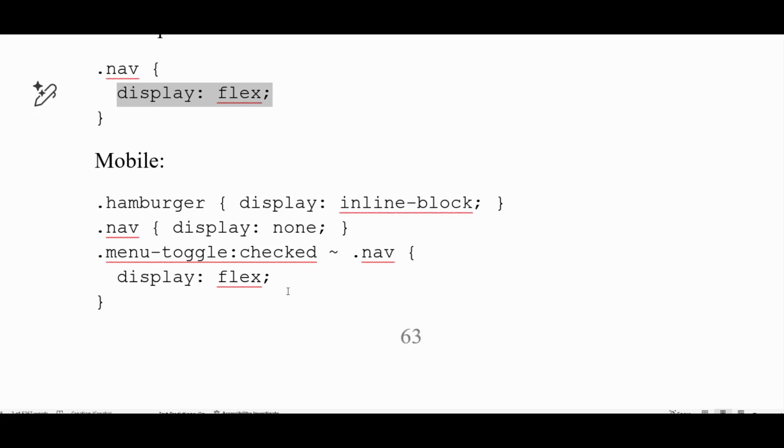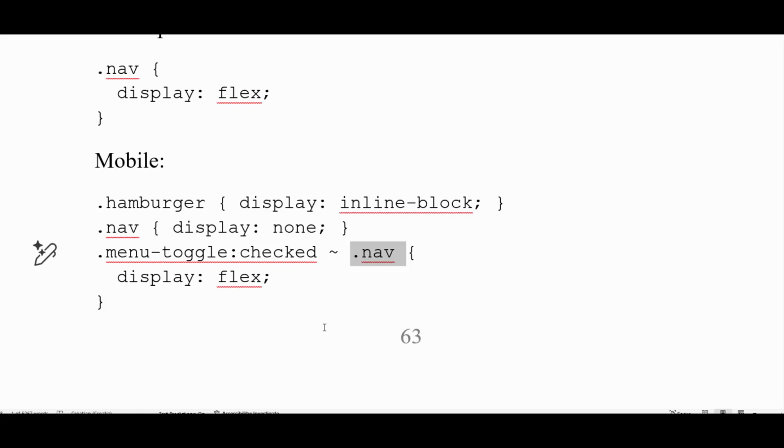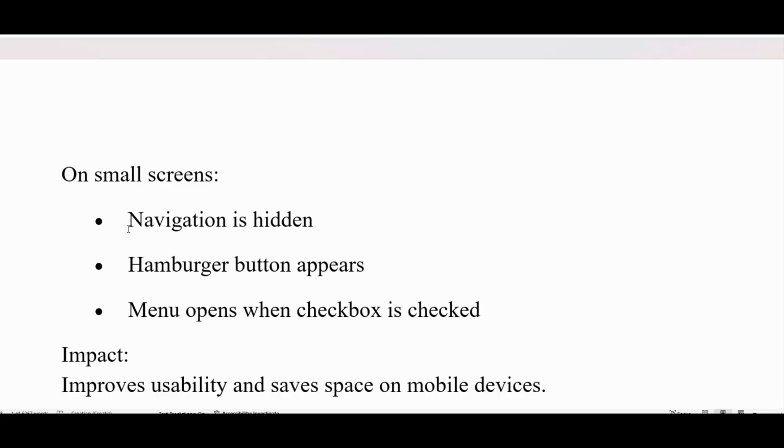Menu toggle, toggle checked, and then this tilde, I think that is the name of this sign, class nav. You will see it later. On a small screen, navigation is hidden. Okay, the hamburger button appears.